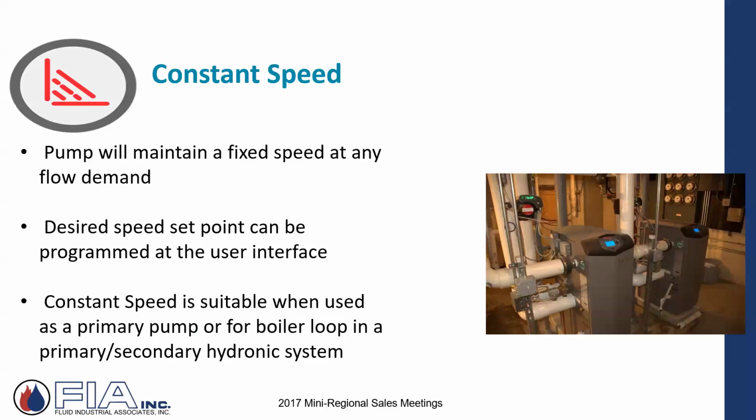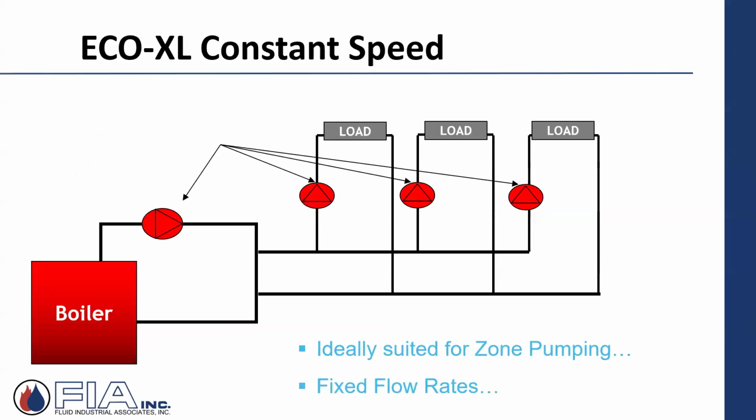Constant speed. All it's saying is the pump will maintain a fixed speed at any flow demand. Desired set point can be programmed right at the pump. So in this case, maybe there's zone pumping, and those zone pumps can be for whatever the application is: a building, a coil, a heat, whatever it is. The point being, it's not one pump with a bunch of zone valves that are opening and closing and the pump's got to adjust.